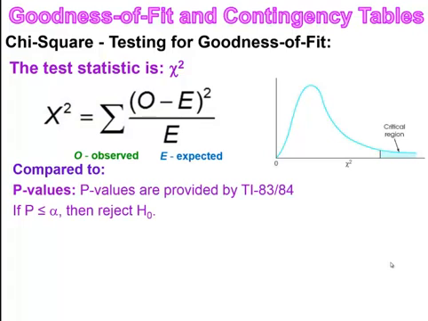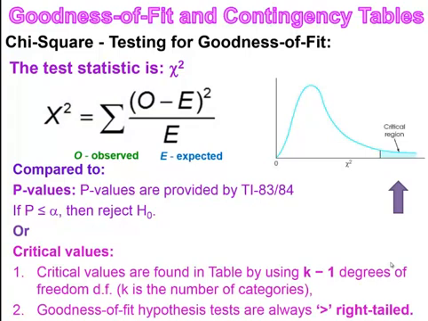What we're going to be doing is comparing it. Either you can compare this test statistic, which will give us a p-value, and you will compare the p-value to alpha, a level of significance. If that p-value is less than or equal to your level of significance alpha, then you would reject the null. If it's a false statement, then you would fail to reject.